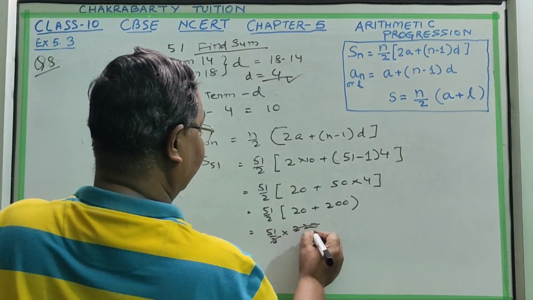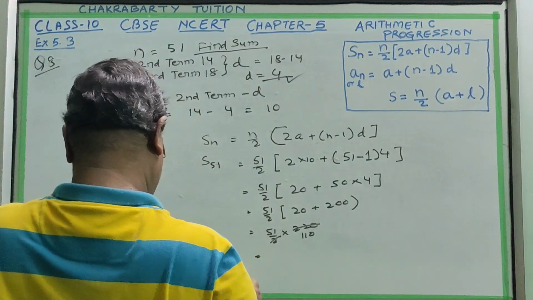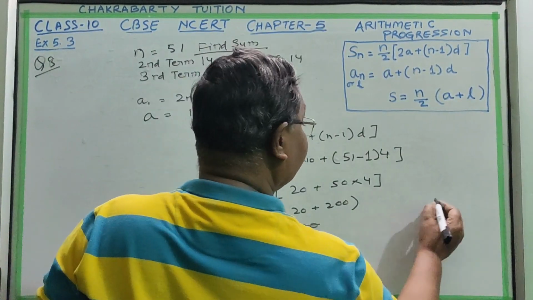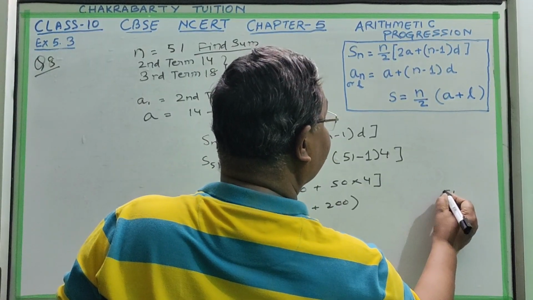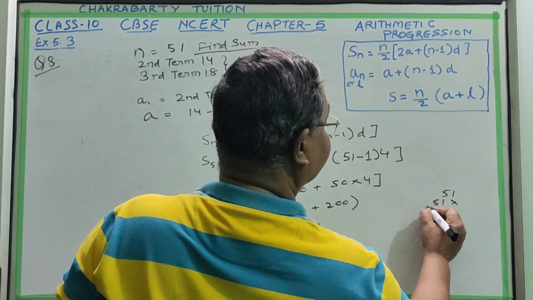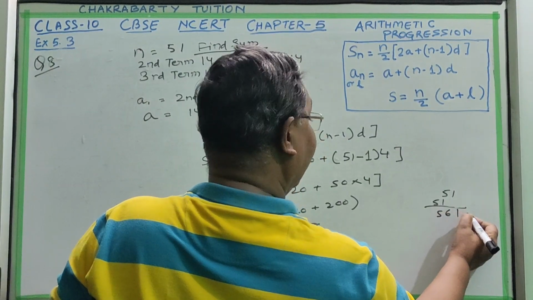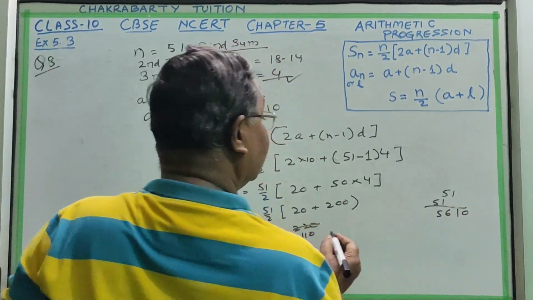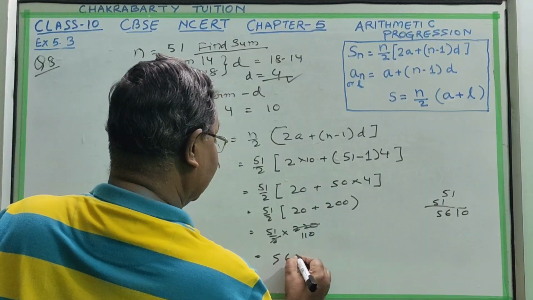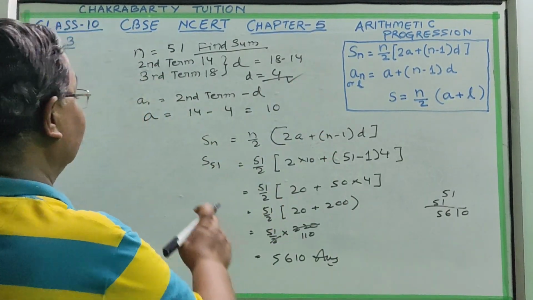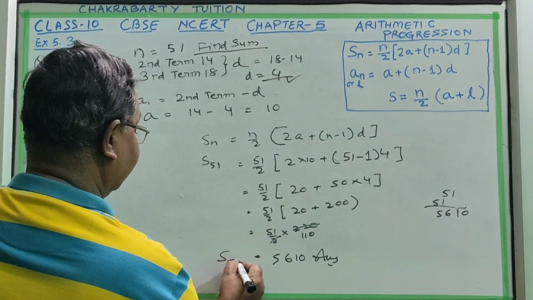It will come 110. So 110 we will multiply with 51. 51 into 110, 5610. So your answer will be 5610. This will be your answer, sum S51. Okay.